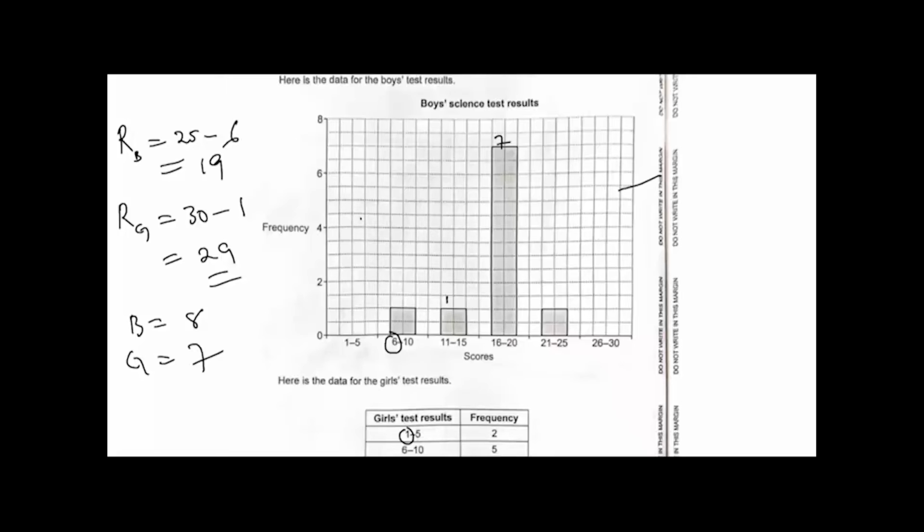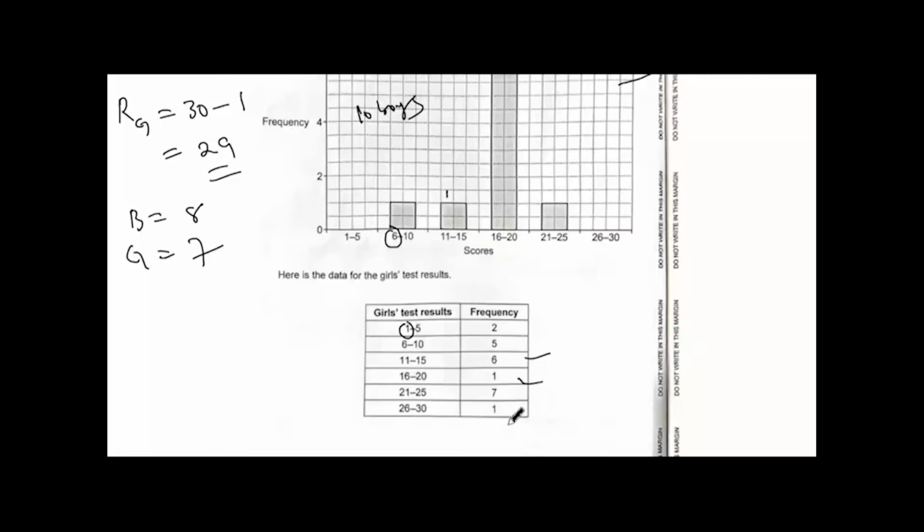And for the girls, if you add all the frequencies together, you have 22. That means the total for the boys is equal to 10, and the total for the girls is equal to 22.